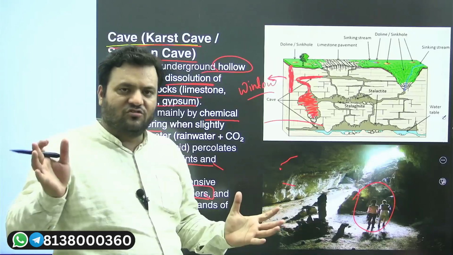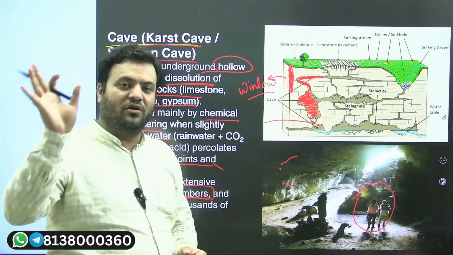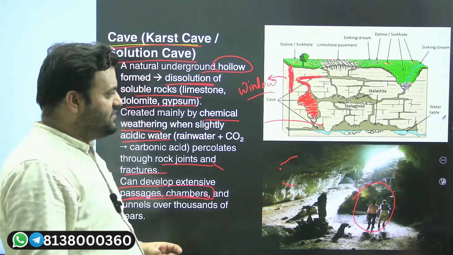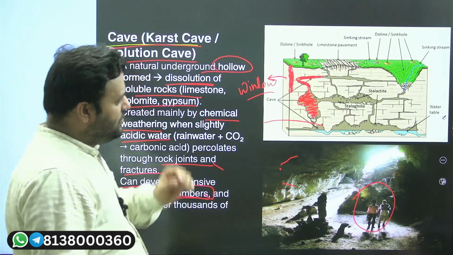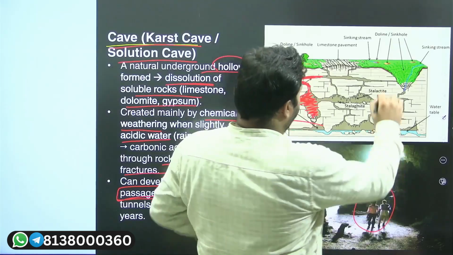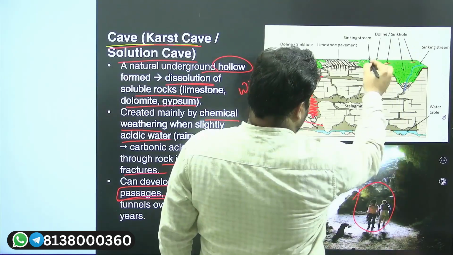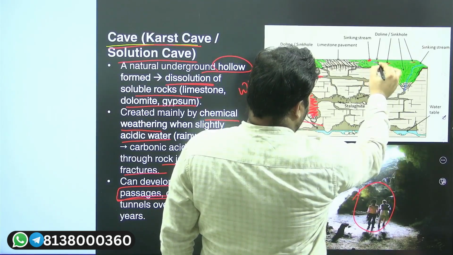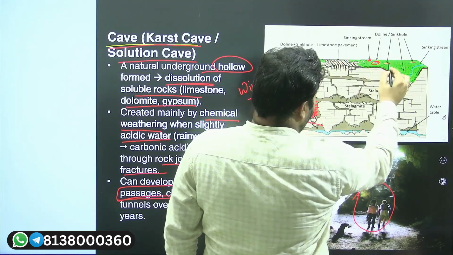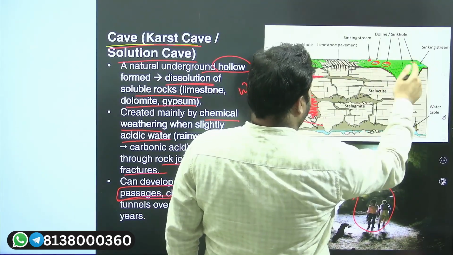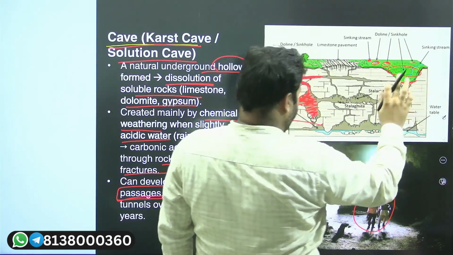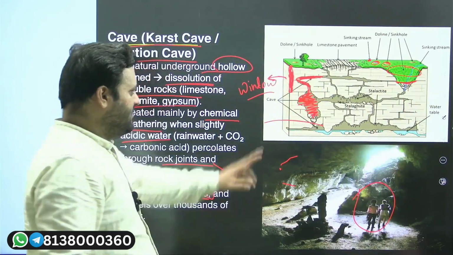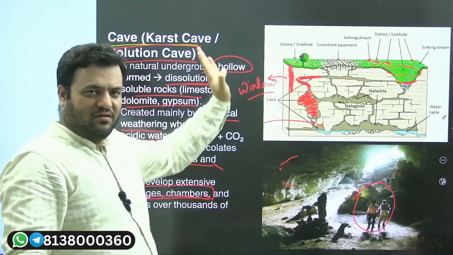However, the topographical modifications would always be there. Clear? So here you can see again, for example, we have a sinkhole. If it widens, doline. If it widens further, it will be sinkhole. If it widens further, it will be like uvalas. Yes, we have a polje, for example.